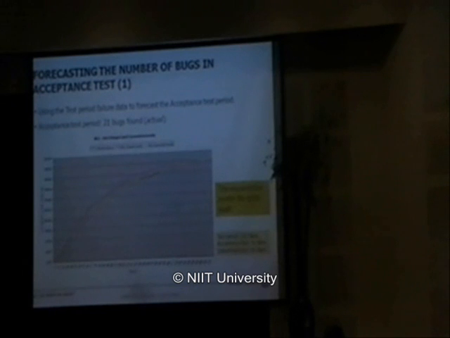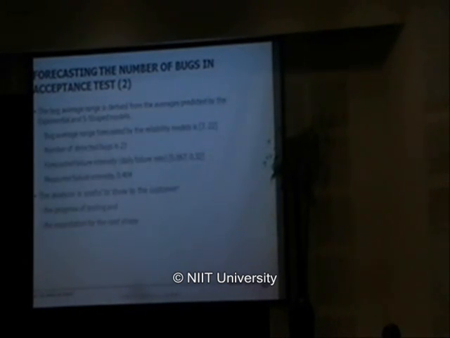Actually both the models fit well. The exponential model fits a little bit better. So here we have this test period of 22 days. We found 21 bugs actual, and let me tell you what the models predicted. The two models predicted the total number of bugs as 7 and 22.